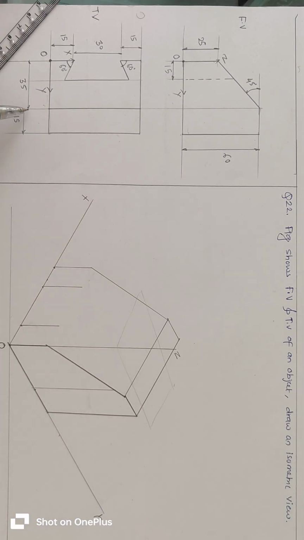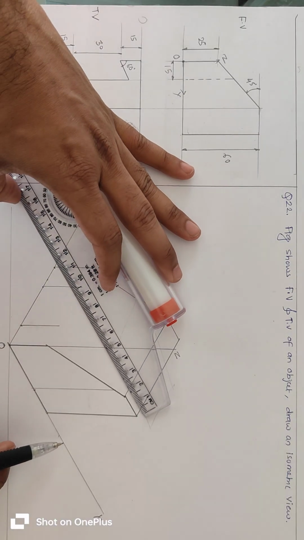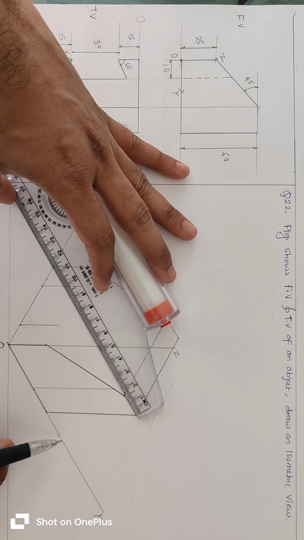So this distance is 35, and this distance is 15.